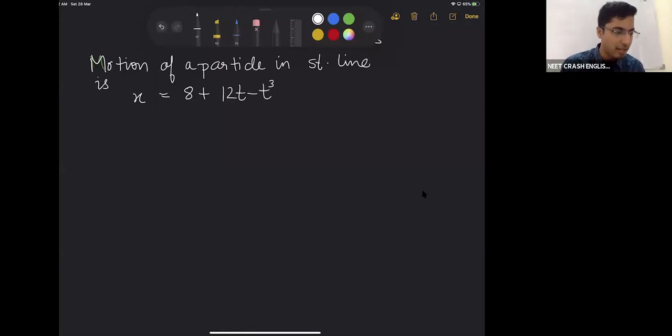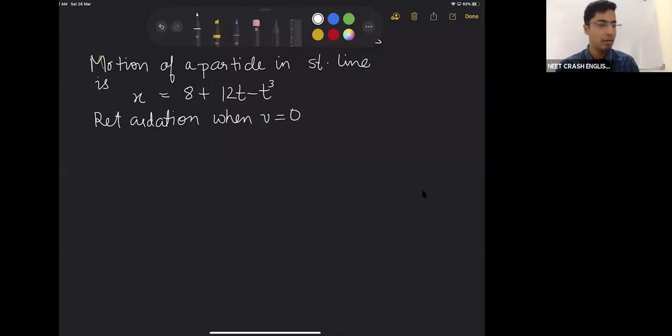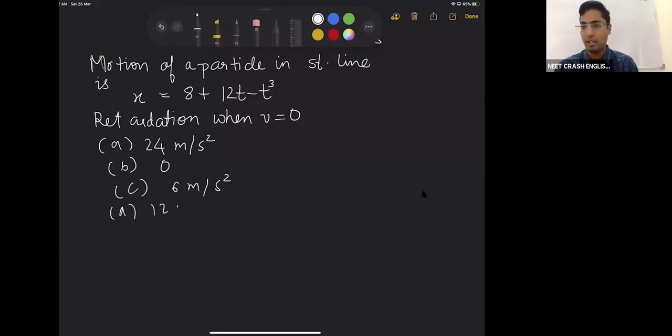Now my question is, what is the retardation when v equals 0? A, 24 meters per second square; B, 0; C, 6 meters per second square; and D, 12 meters per second square.